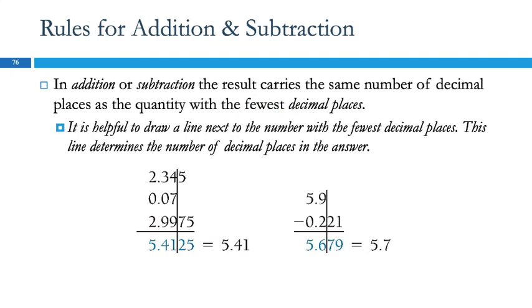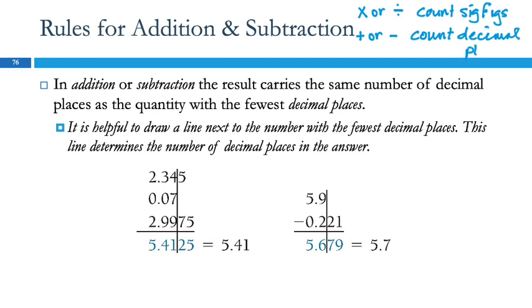So those rules are very similar. If you're multiplying or dividing, you're counting sig figs. If you're adding or subtracting, you're counting decimal places. It's still the fewest.